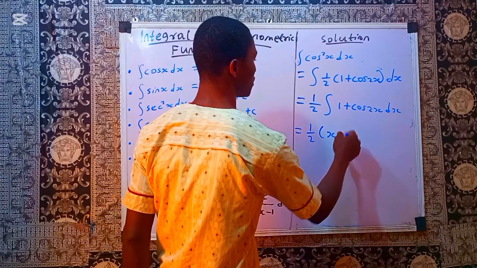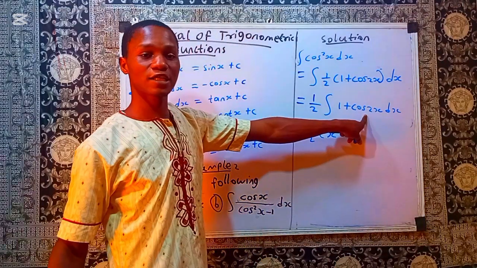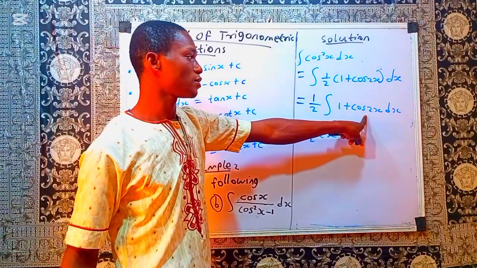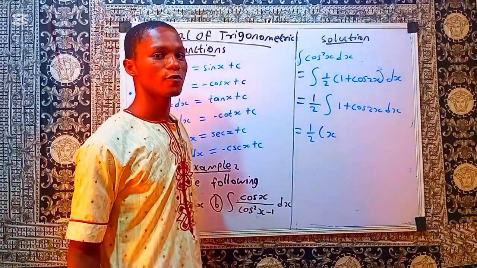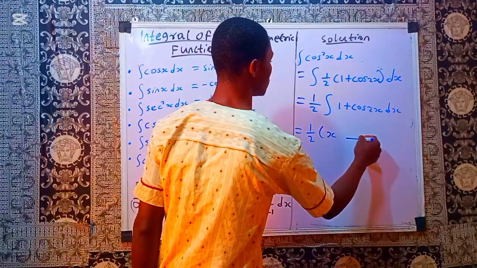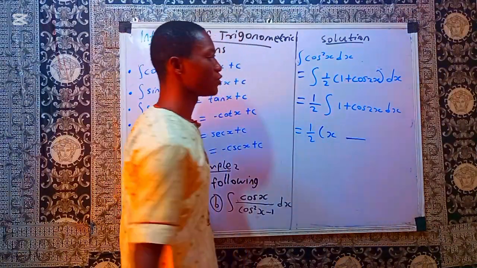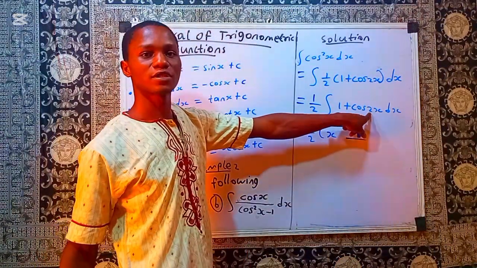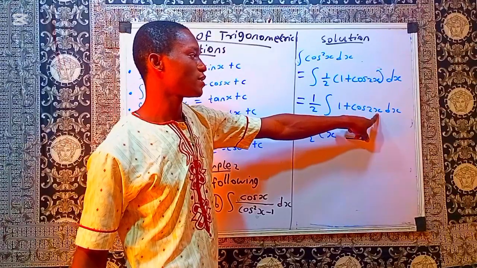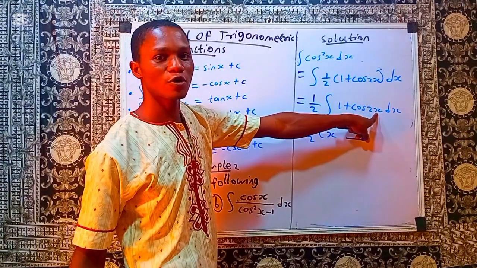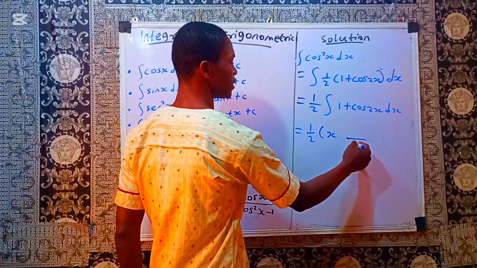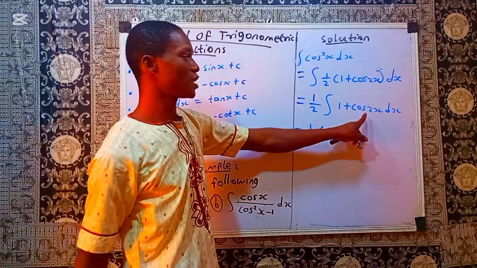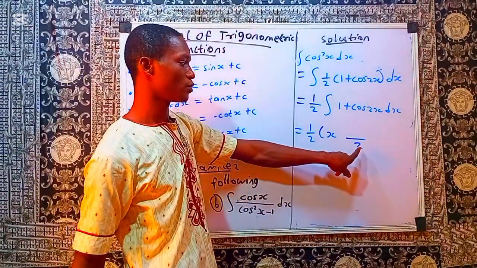Then we integrate cosine 2x. So first of all, look at the derivative of the angle. The angle of cos is what? 2x. If you differentiate 2x, you are going to get what? 2. You are going to use that result to divide.